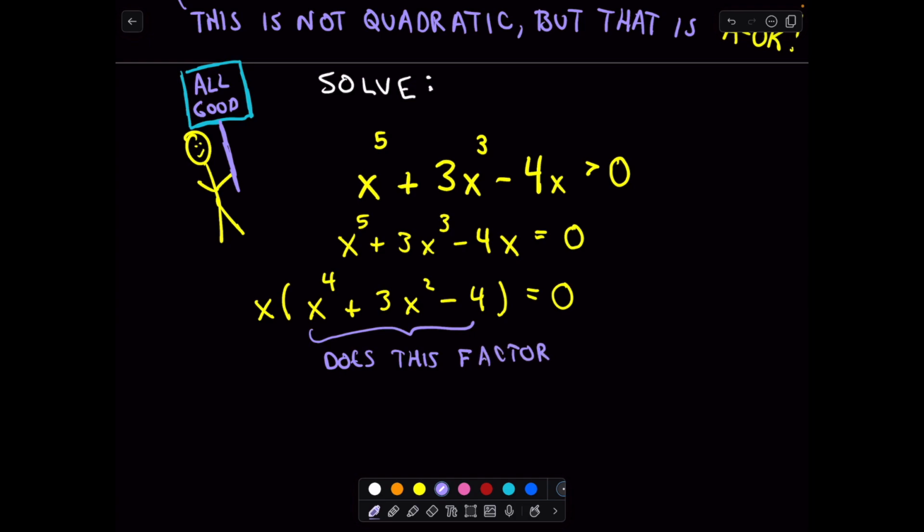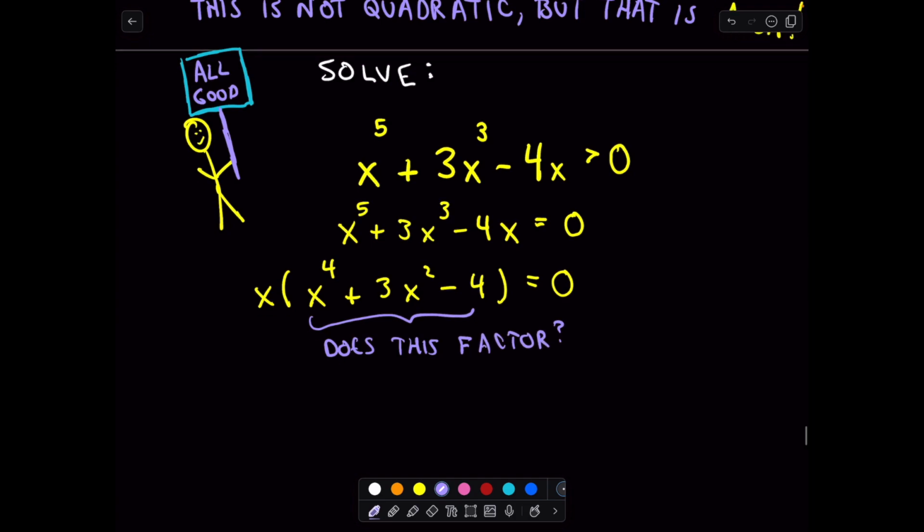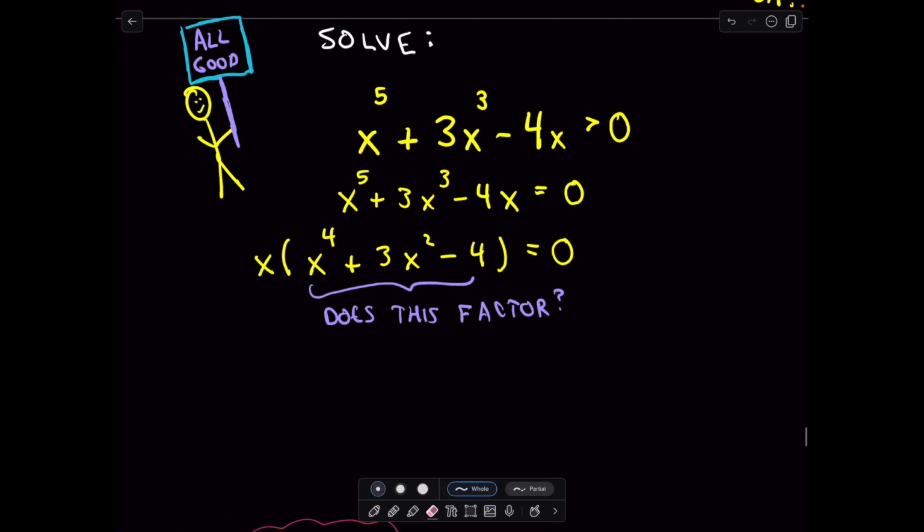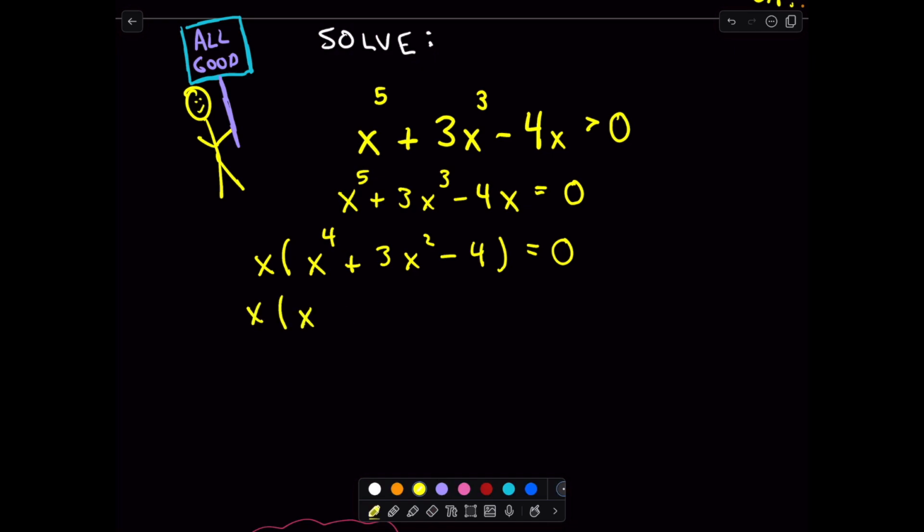And maybe you've seen factoring techniques for this. We could factor it just like a quadratic. So the answer is yes, this does factor. I'm going to leave the x alone. This actually factors as x squared plus 4 multiplied by x squared minus 1.